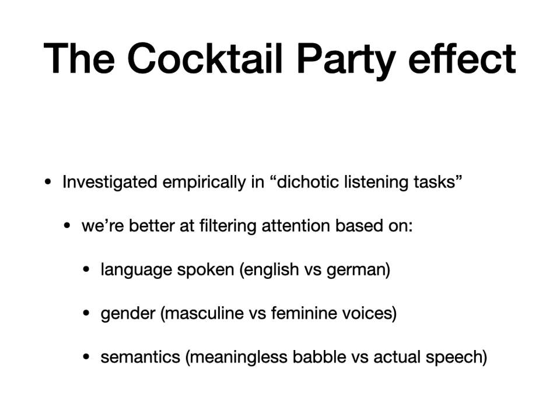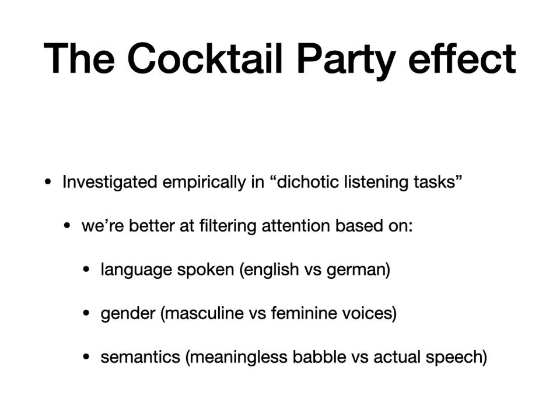It's investigated empirically using these dichotic listening tasks, similar to what we just showed. The question is, what kinds of things trigger these differences? The dichotic listening tasks were better at filtering out information from people who are speaking different languages.